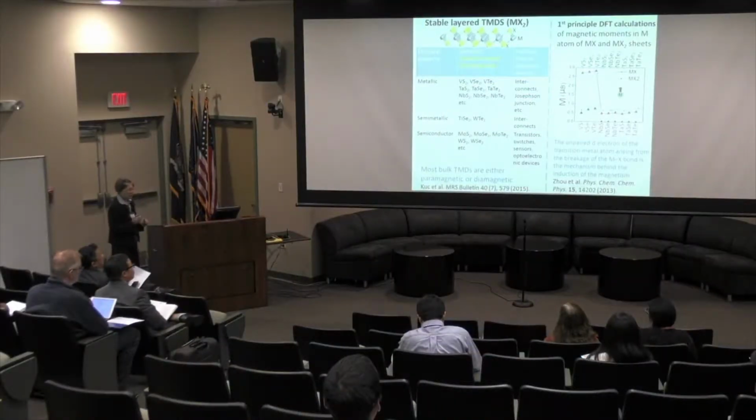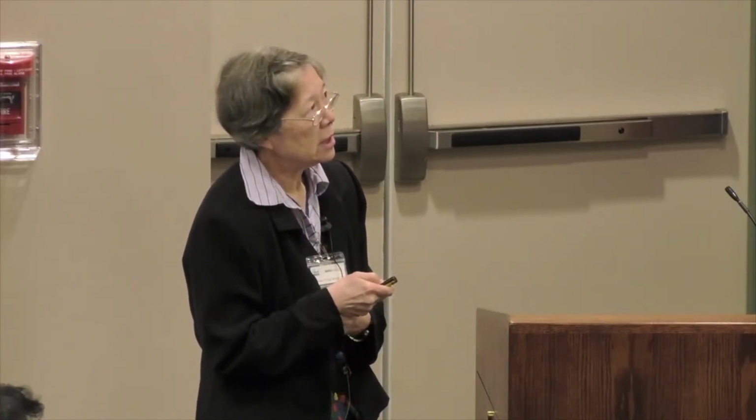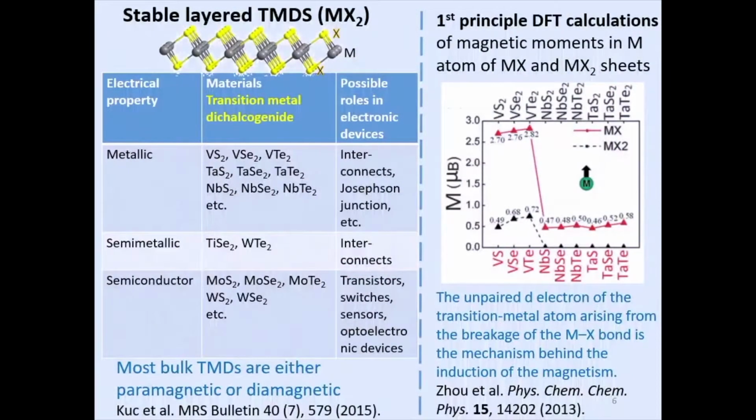All right, now I'm going to change the topic, talking about a different material. This is transition metal dichalcogenides, TMDs. From this MRS Bulletin work, I took part of the information. Basically, you can have metallic, semi-metallic, and semiconductor.